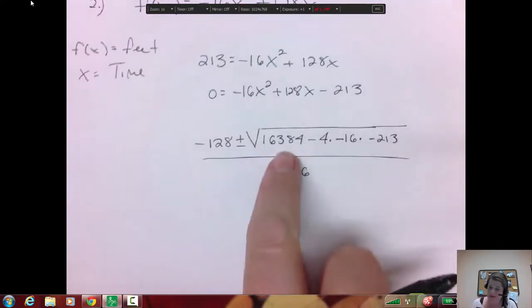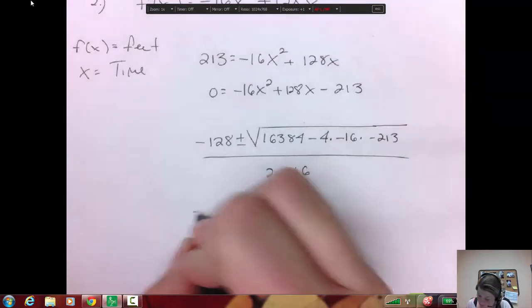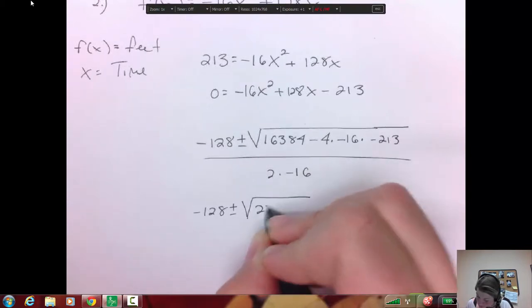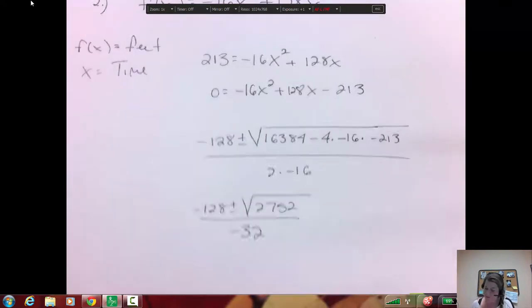Alright, so I'm just going to put this in my calculator. So that big number minus 4 times a negative 16 times a negative 213 is going to give me 2752. So I have negative 128 plus or minus the square root of 2752 all over 2 times 16 is 32, so you have negative 32.